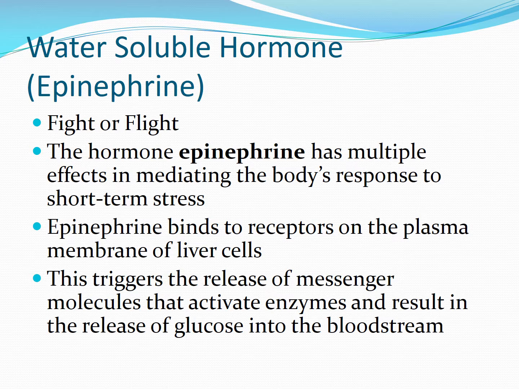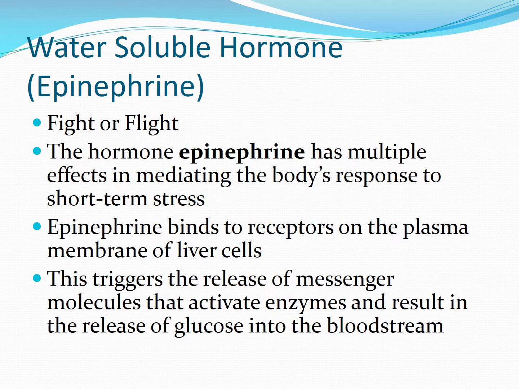Epinephrine works with the fight or flight. And so if you get really nervous about something, if you're really anxious, you're either going to fight that fear or you're going to run away, or flight. And so there's going to be a lot of different responses that the body has to epinephrine.